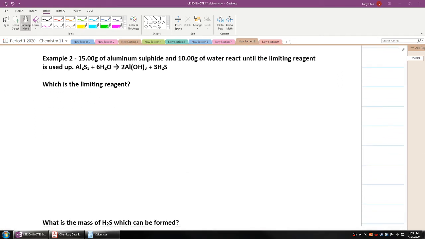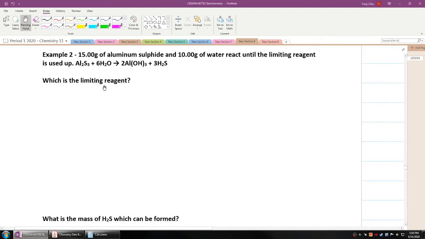Example number 2. If 15.00 grams of aluminum sulfide, which is right here, and 10 grams of water, which is right there, react until the limiting reagent is used up, it will form one of these. Now, which is the limiting reagent? You want to convert both of these grams to moles, and then to moles of one product.